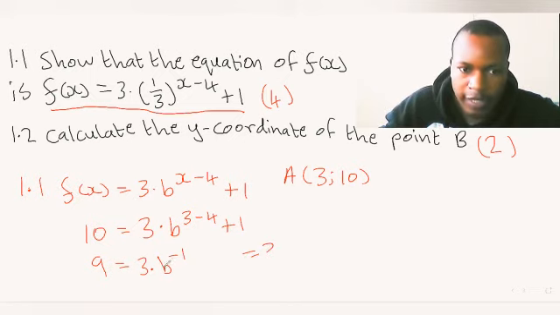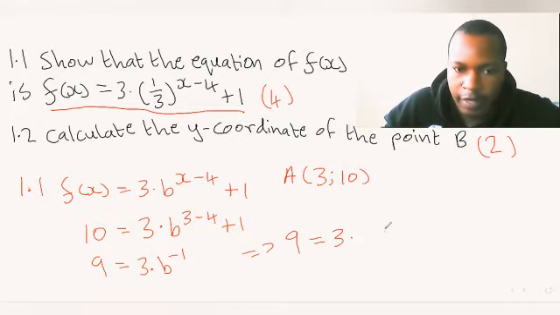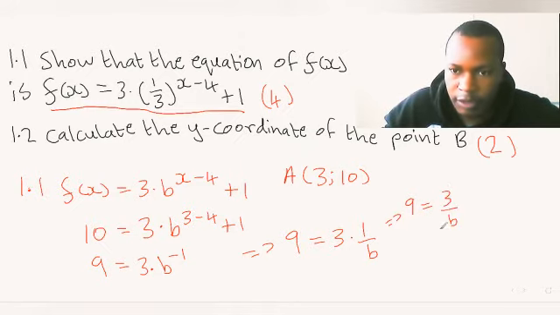So now upon solving for b, we have 9 equals 3 multiplied by 1 divided by b. To solve, we can just cross multiply. So 9 equals 3 divided by b. We can then cross multiply, so that would be 9b equals 3. To solve for b, we would divide throughout by 9.